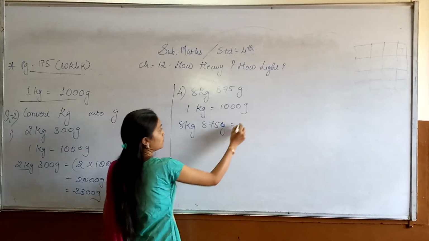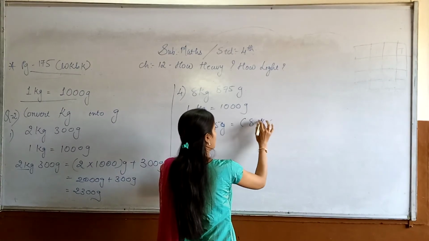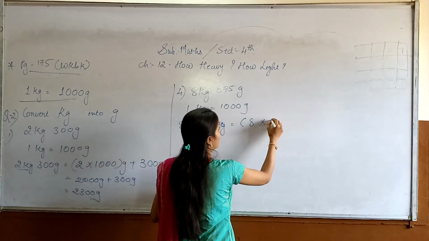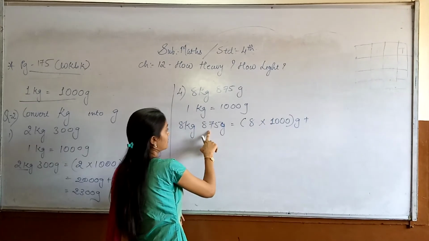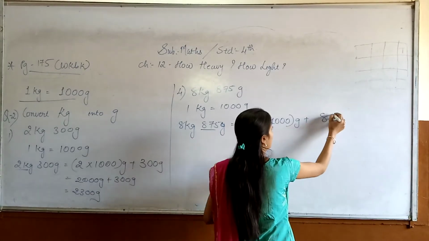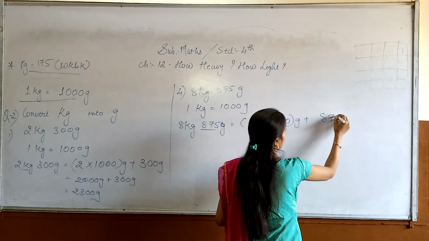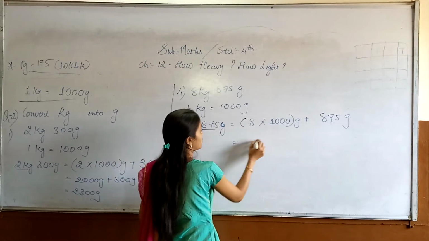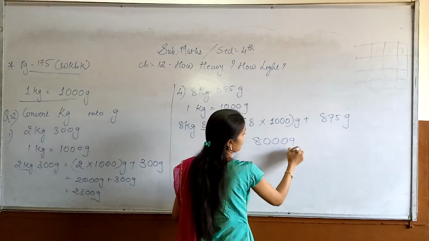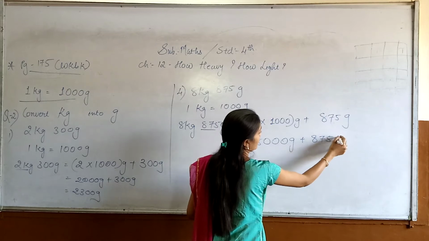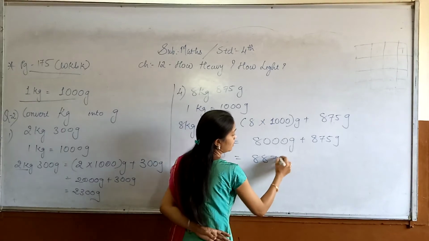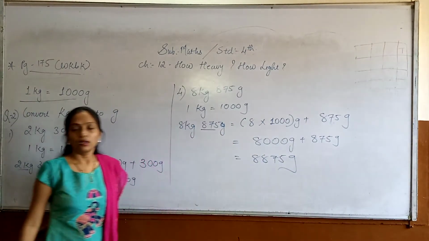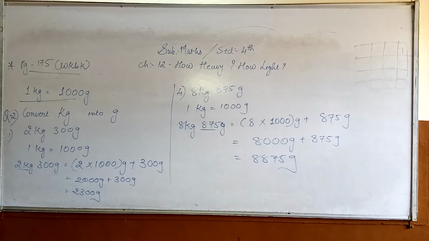So this 8 kg will convert into grams. 8 multiplied by 1000 grams plus this 875 को ऐड कर देंगे. So here this is 8000 grams plus 875 grams. इसको हम ऐड करेंगे. So we'll get 8875 grams. Okay, I hope this is clear to you how to convert from gram to kilogram and kilogram to gram.